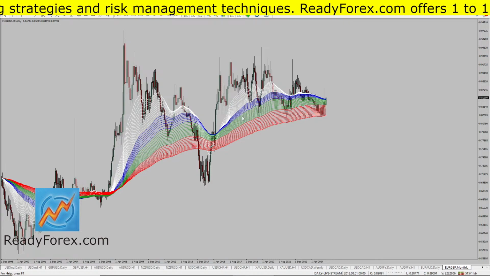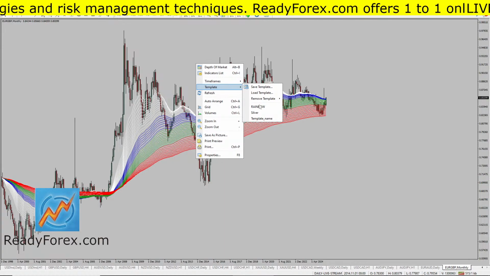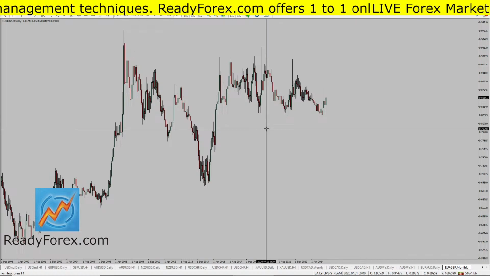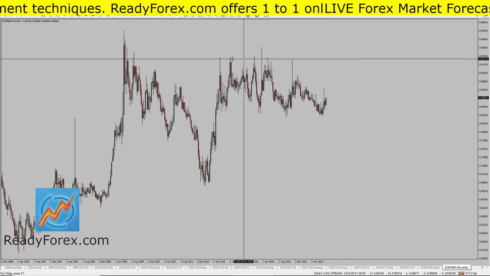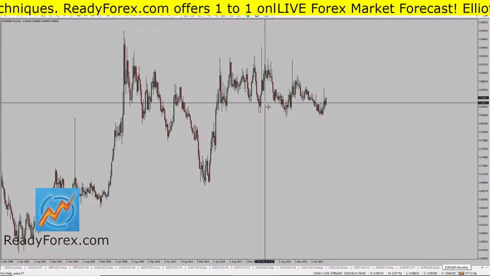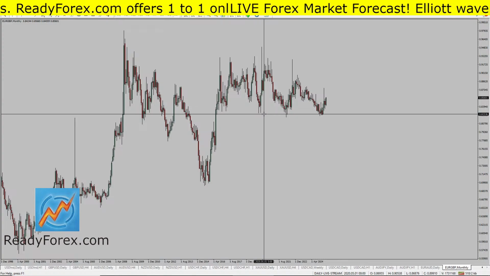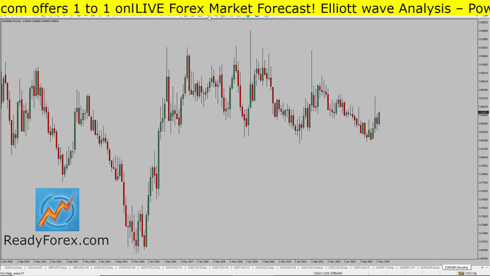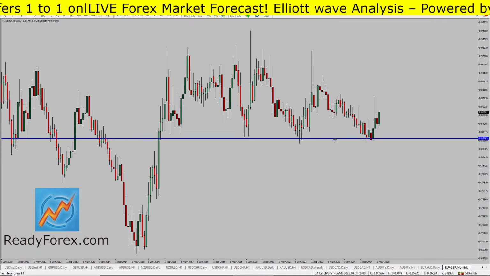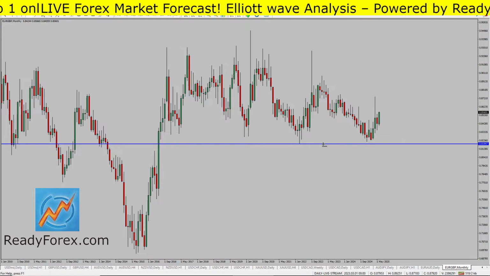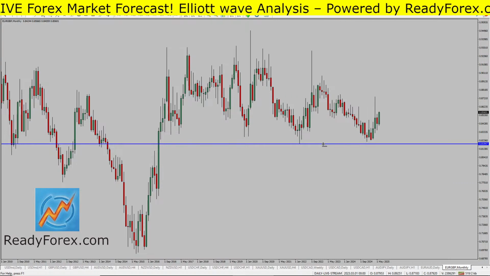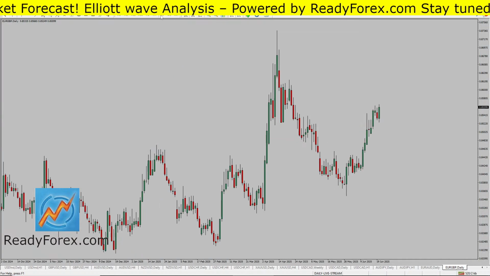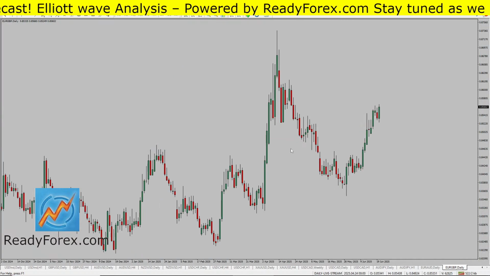So let's look at the Elliott Wave perspective and see what the Elliott does. Okay, 1, 2, 3. That pattern over here, and as long as price is above the 0.8194 level, it's an uptrend over the daily time frame.